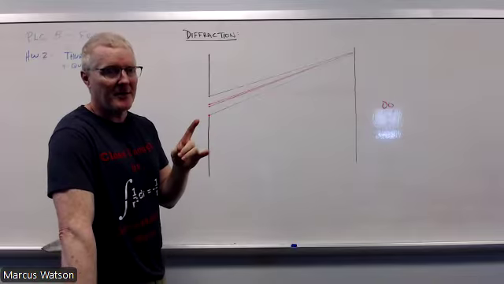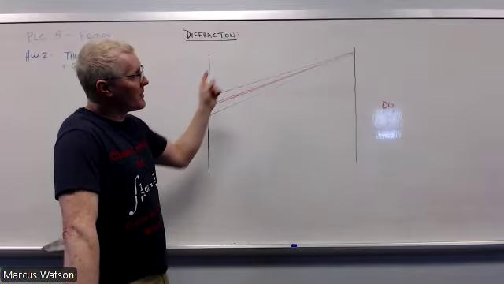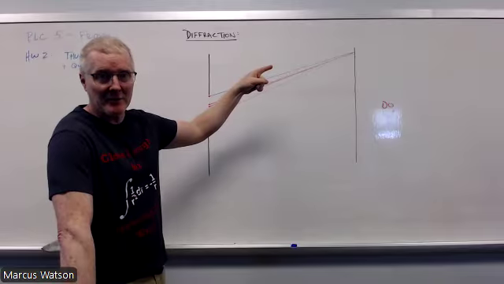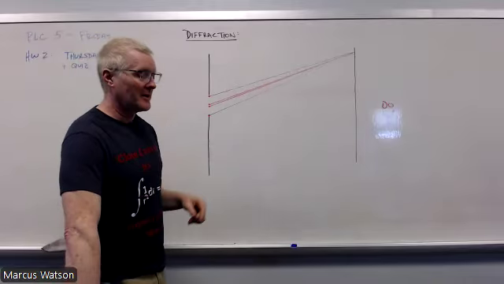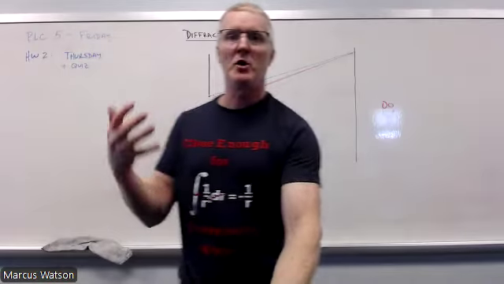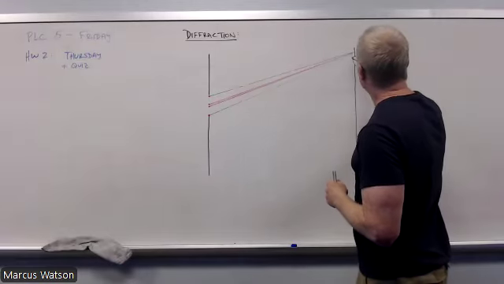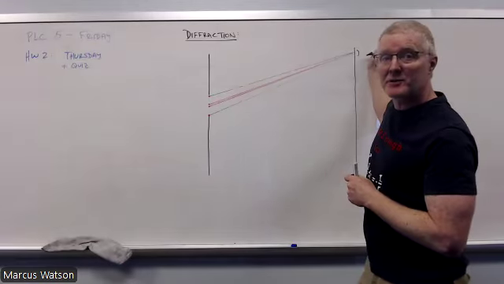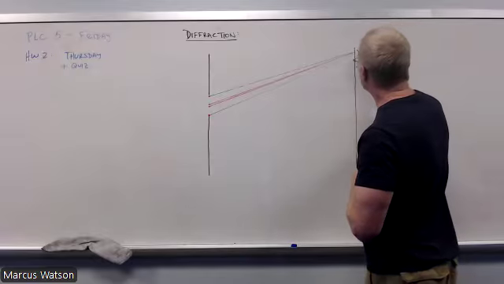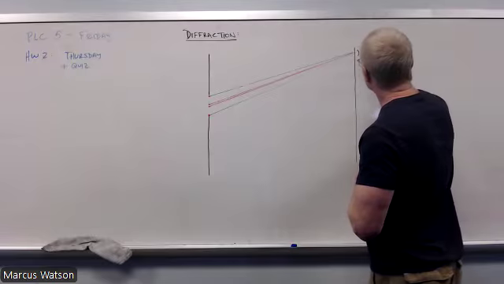Okay, but let's think for a minute now. Suppose that I want to think about a dark spot happening over here. Let's suppose that I'm now going to impose a condition on the interference, and I'm going to say right up here is an interference minimum. In other words, it's destructive. It's a dark spot here.